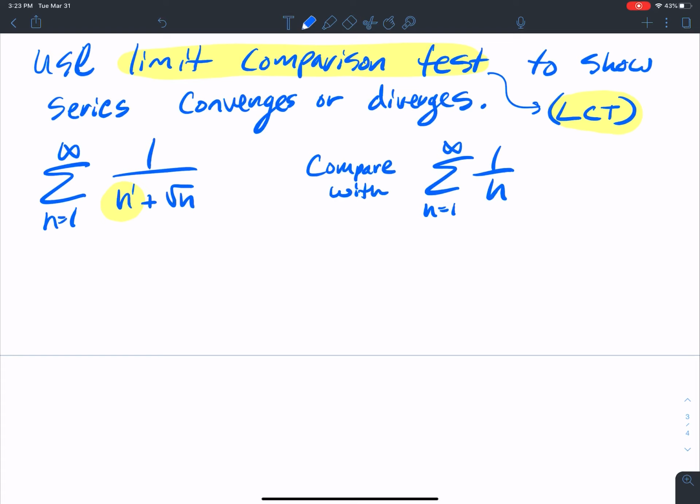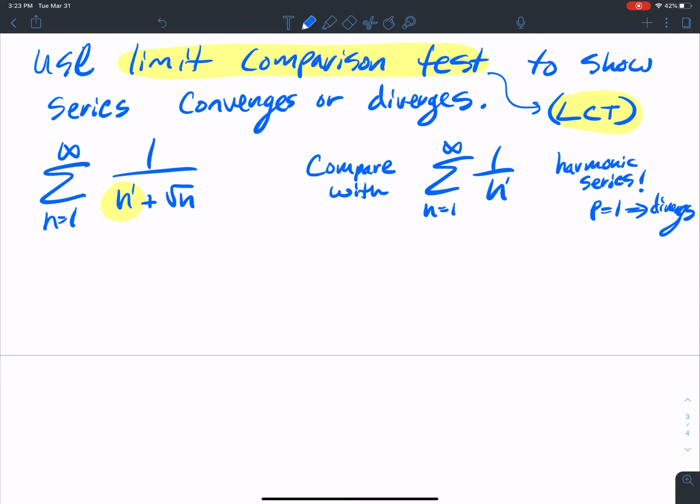What do you know about series 1 over n? This is the harmonic series. The harmonic series is a P series, P equal to 1. This diverges. Okay? We proved that it diverges earlier on.